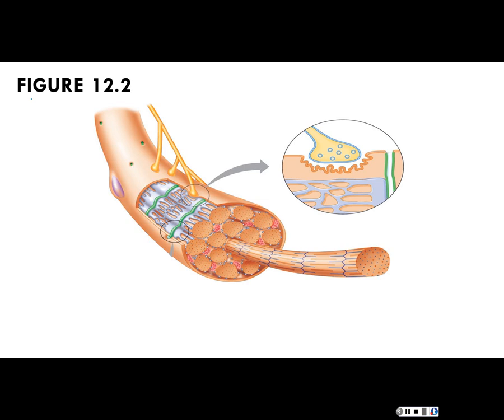The smooth ER. It's getting its own name here because it's huge, it's extensive, and it does a really important job for the muscle. What does it do? Calcium storage and release. And what is characteristic about the SR that allows it to release calcium? It has voltage-gated calcium channels.